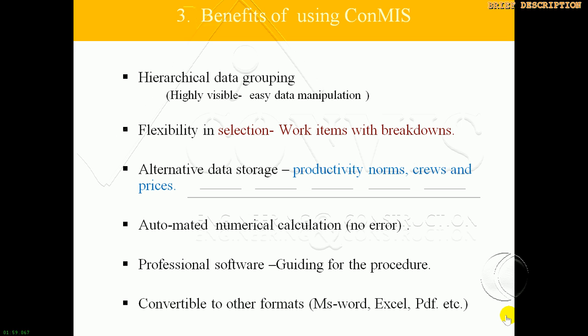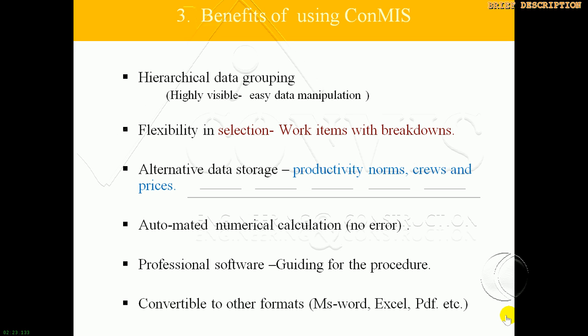No numerical error in ConMIS, since it is automatically linked. The user is not forced to link a cell from another cell like in a spreadsheet, so he can't encounter any error. Then it's professional software.